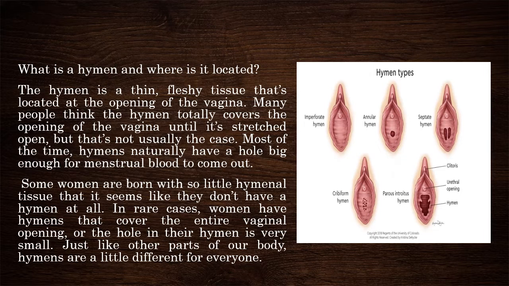We also have the cribriform hymen, which has several holes in it, and the parous introitus hymen, which has a large opening and would seem like it does not cover the vaginal opening at all.